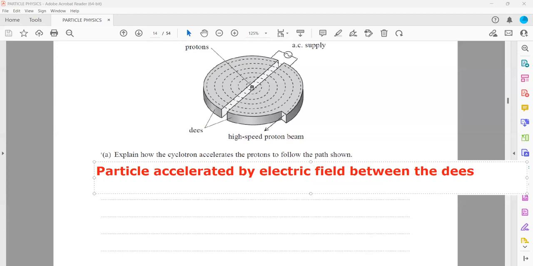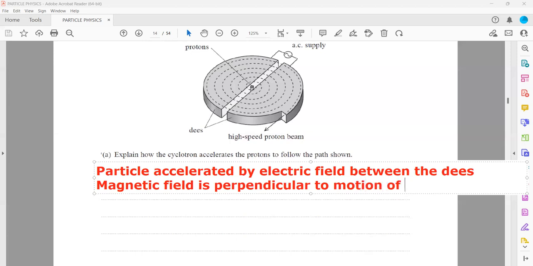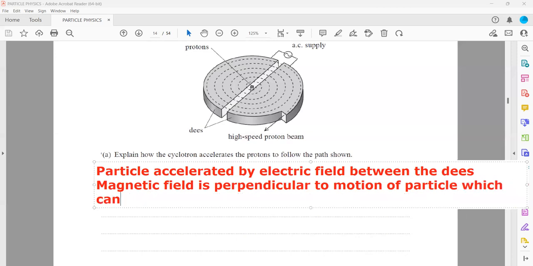The second point you will mention: the magnetic field is perpendicular to the motion of the particle or direction of movement of the particle, which causes circular motion and produces acceleration, but that acceleration is only due to change in direction.